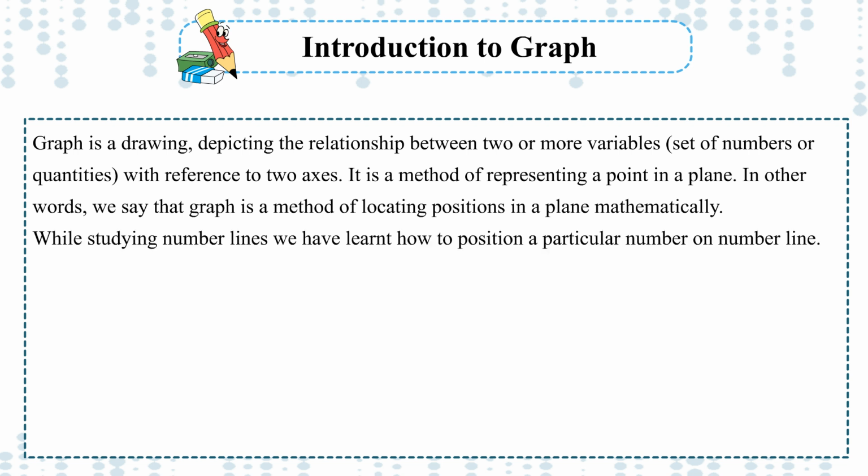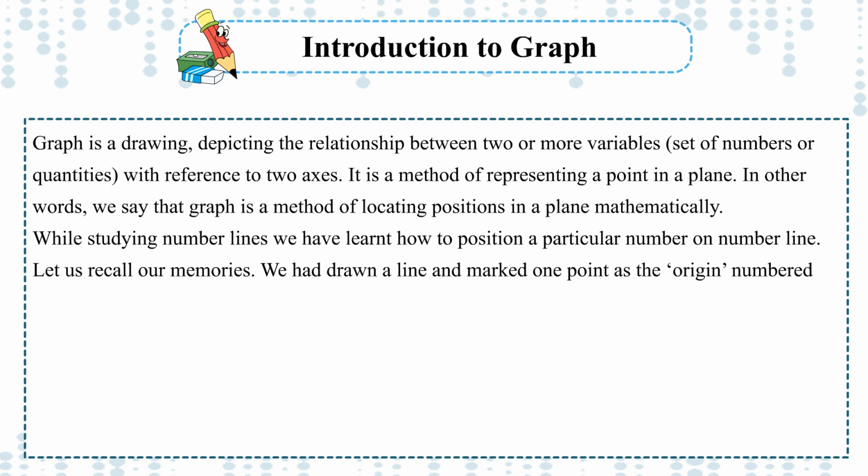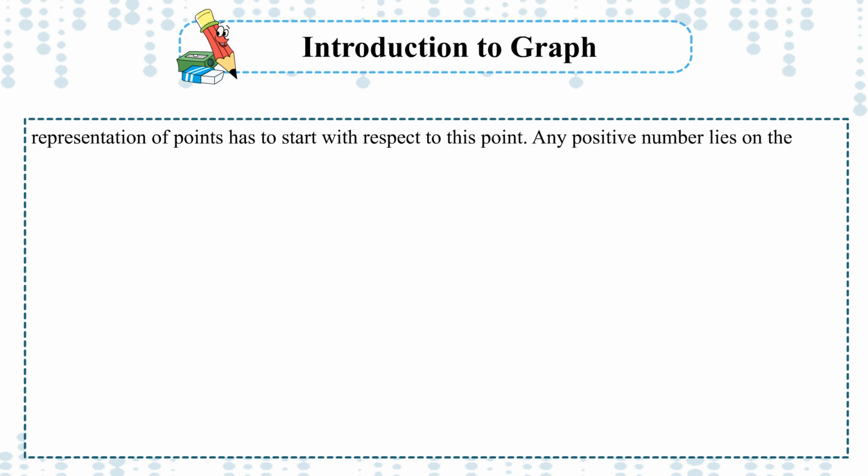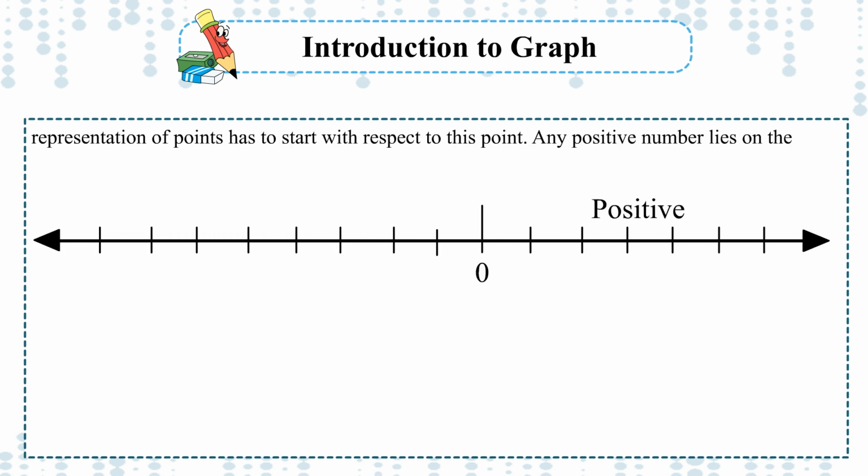While studying number lines, we have learned how to position a particular number on number line. Let us recall our memories. We had drawn a line and marked one point as the origin, numbered as 0. Representation of points has to start with respect to this point.